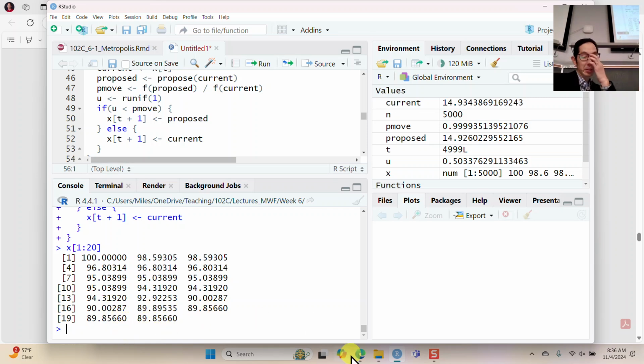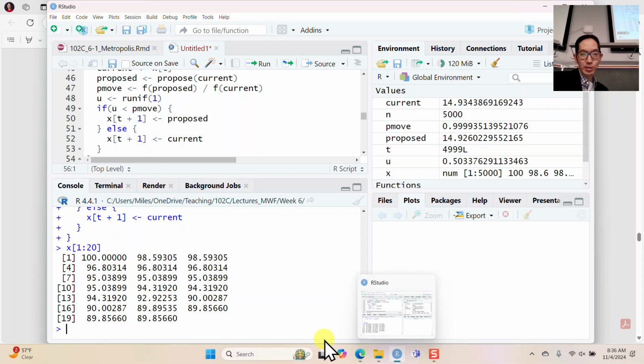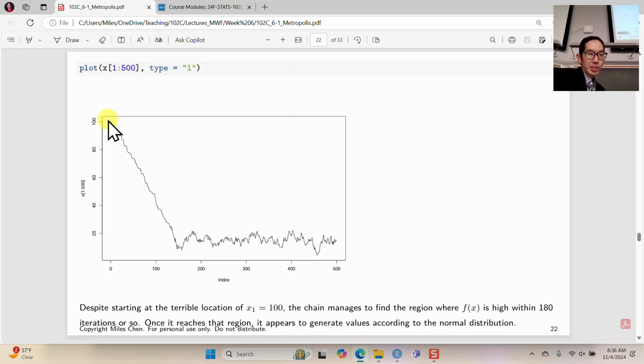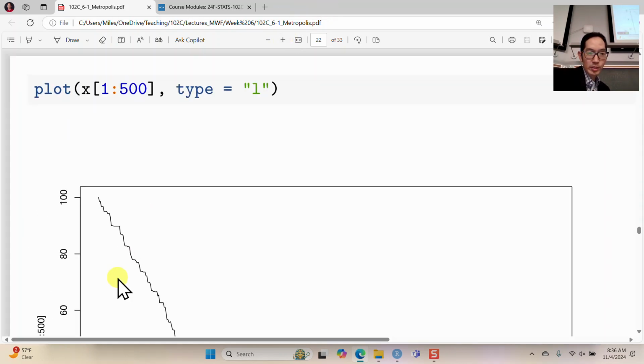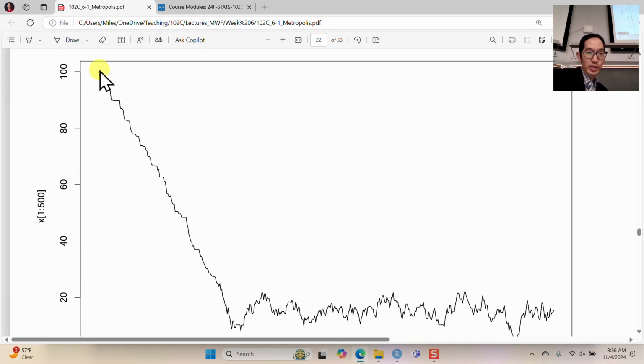That's just the first 20 iterations, and this is the trace. We start off at 100, and you can see the Markov chain slowly but steadily moves down, and it keeps getting closer.